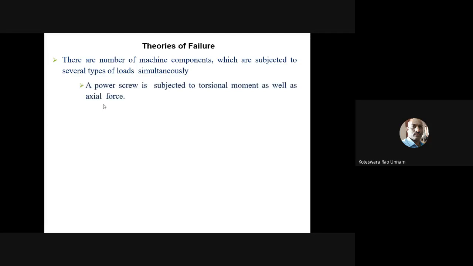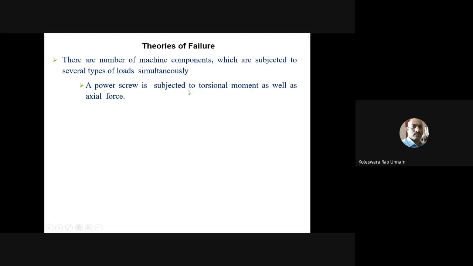For example, a power screw is subjected to a torsional moment as well as an axial force. These power screws are generally used in power transmission, so obviously there is a torsional load. In addition, because of friction at the threads, it is subjected to some axial force also.